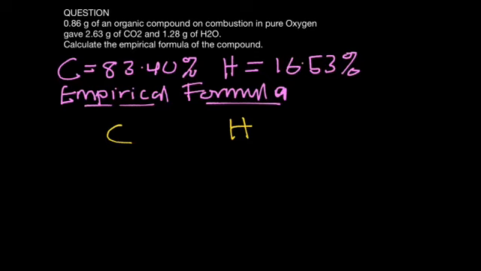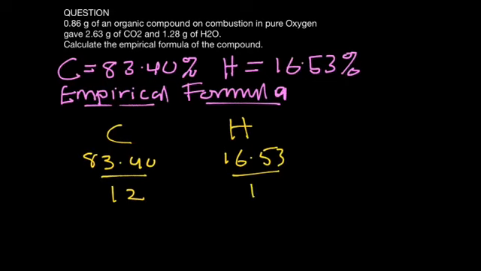We'll simply divide their percentage abundance by their molar mass. So for carbon, it is going to be 83.40 divided by 12, and for hydrogen 16.53 divided by 1.